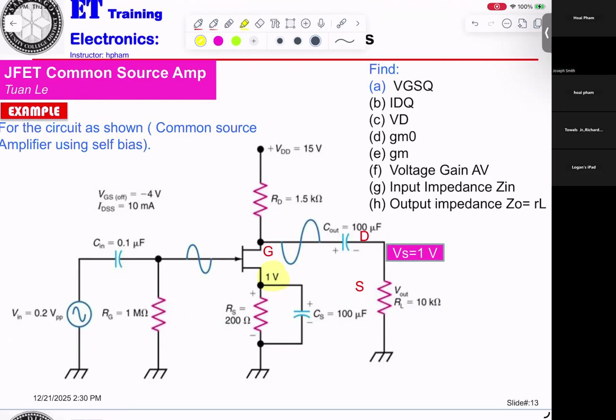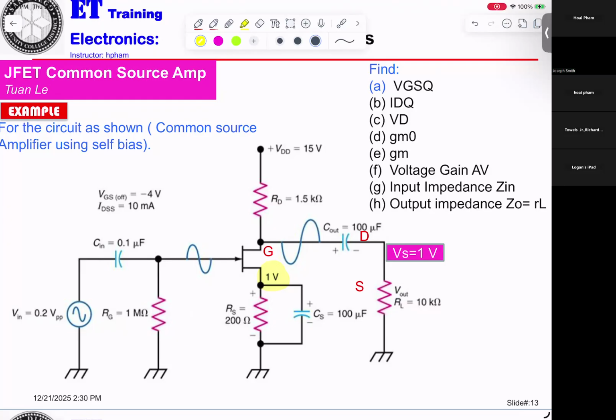Now you can see they want to calculate the VGS Q, IDQ, VD, GM0, GM, voltage gain AV, input impedance G in, and output impedance G out.